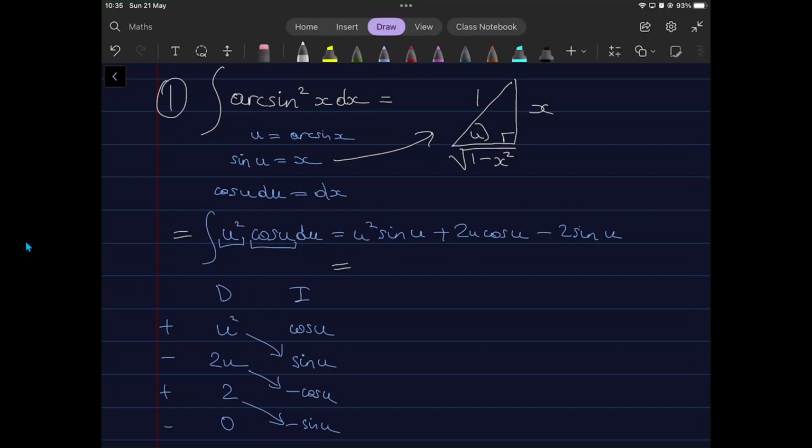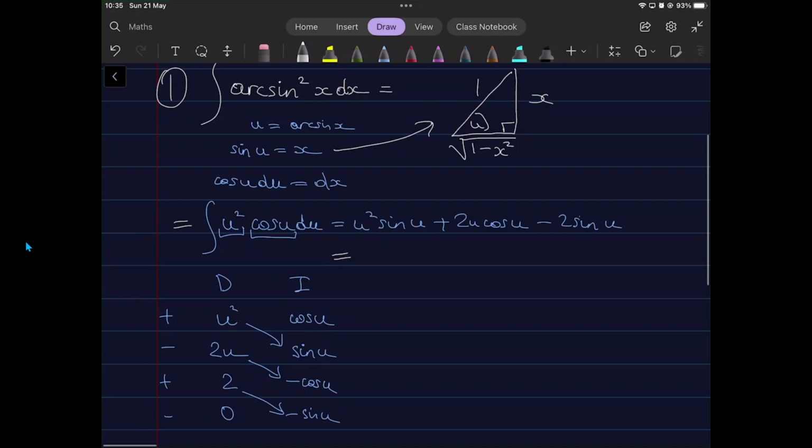Anyway, back to the integral. So here we have u squared sine of u. Sine of u is just x, and u squared is arc sine of x squared. Arc sine squared of x. Alright. Plus 2u cosine of u.